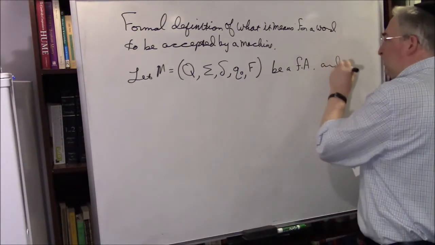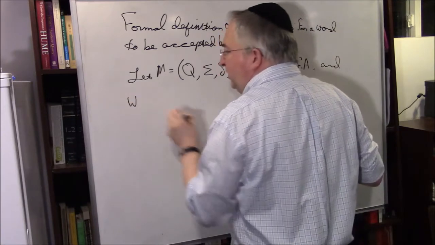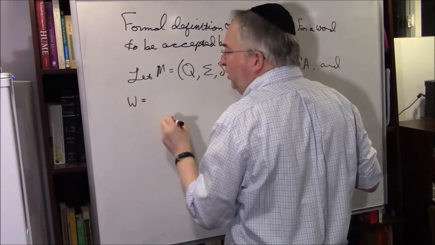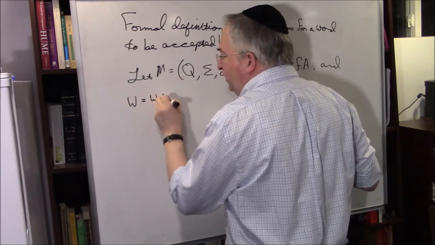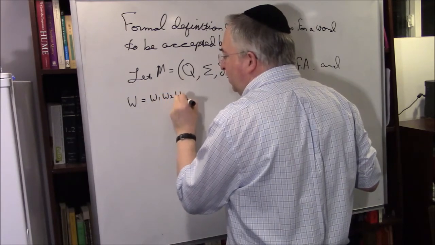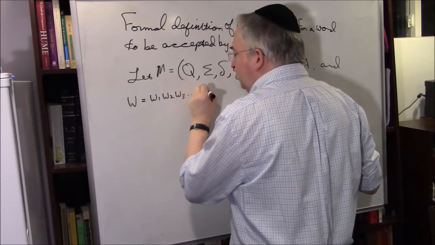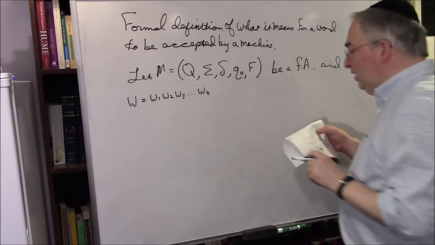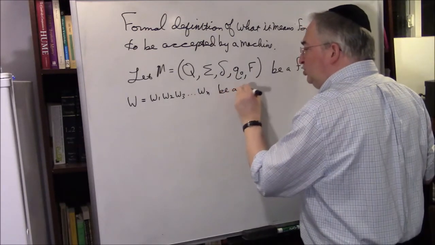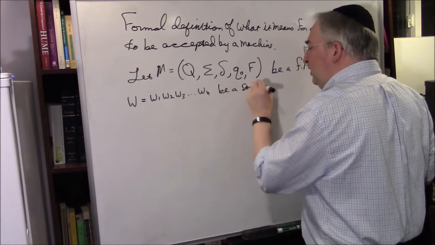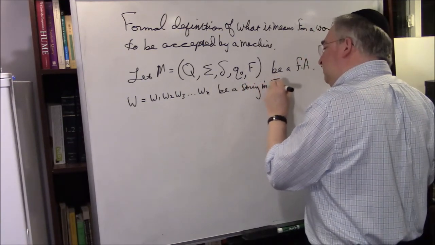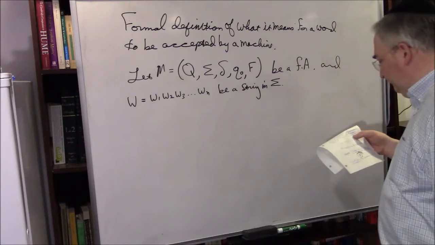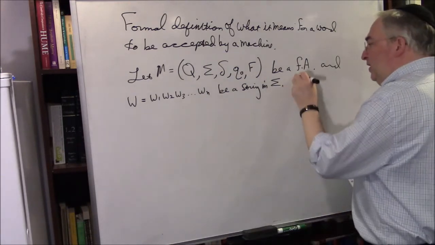And W, that's a word, we're going to write the word with its letters, W1, W2, W3, dot dot dot, Wn. Those are the letters of the word. Be a string in sigma star. Period.